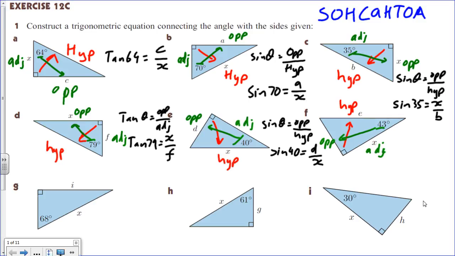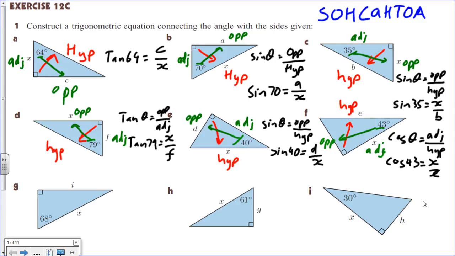This time I've got adjacent and hypotenuse, so that's going to be my cos. So cos theta equals adjacent over hypotenuse. So then I can fill in the blanks. So cos 43 is going to be x over e.